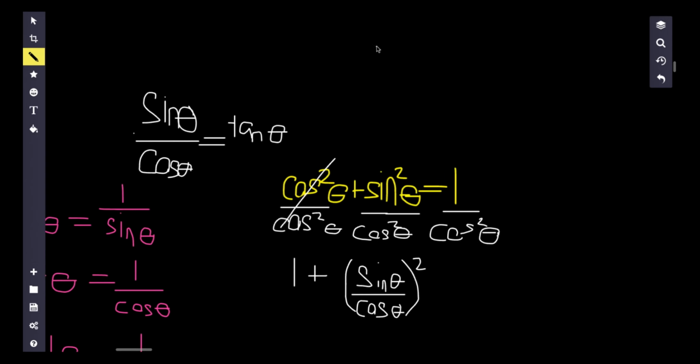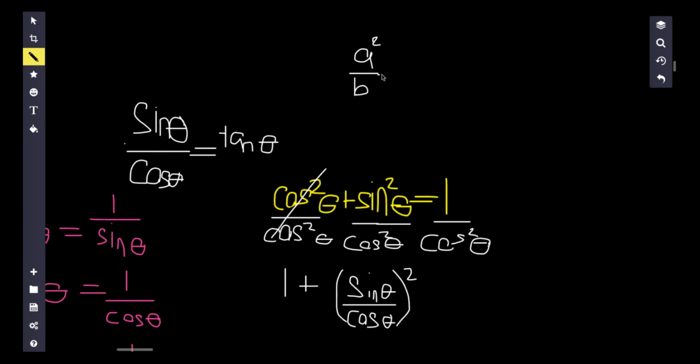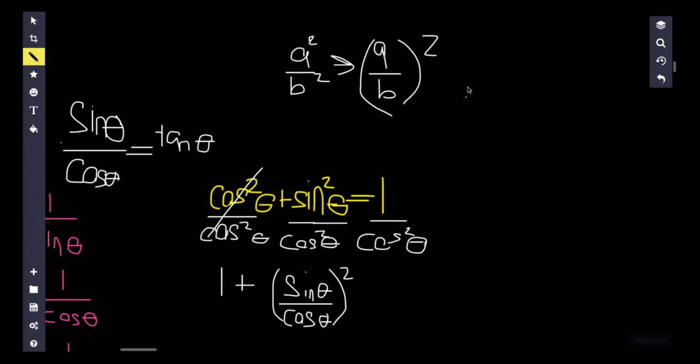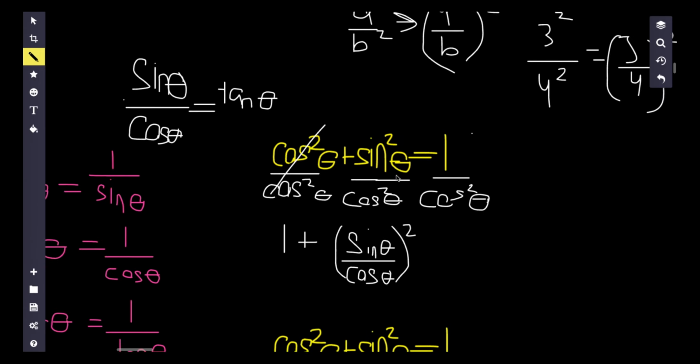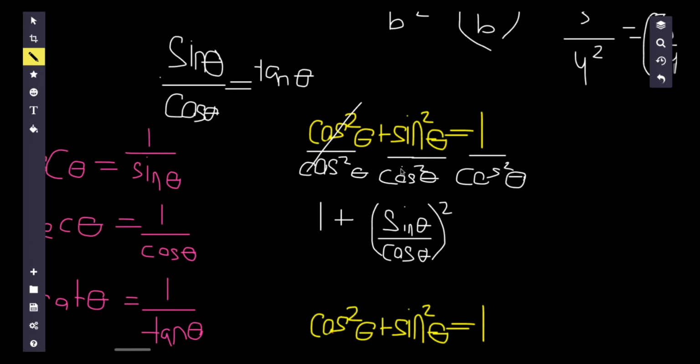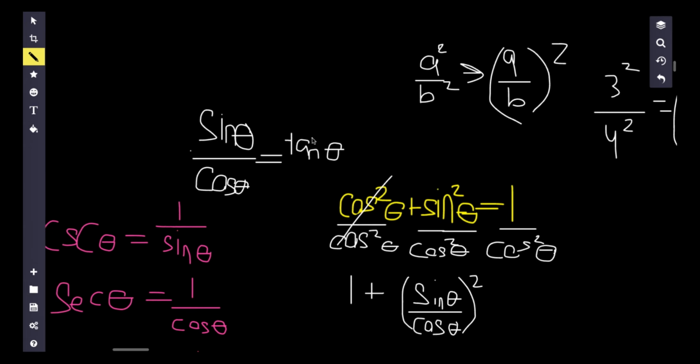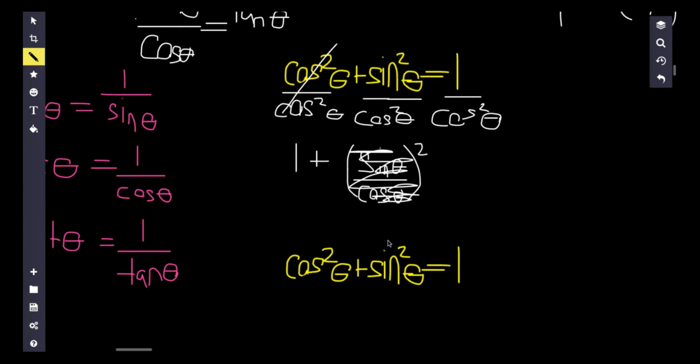If you remember your exponent properties, one property is that a squared divided by b squared is equal to a over b, squared. For example, 3 squared over 4 squared is equal to 3 over 4, squared. So in this case, if I have this squared divided by this squared, it's going to be this whole thing squared. And we know sine over cosine is equal to tangent, so let me just substitute that in.